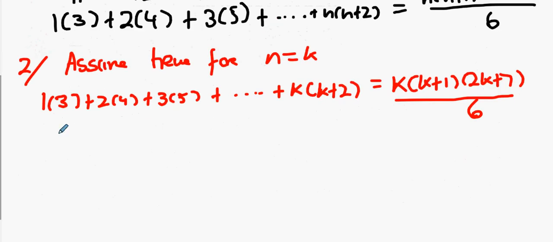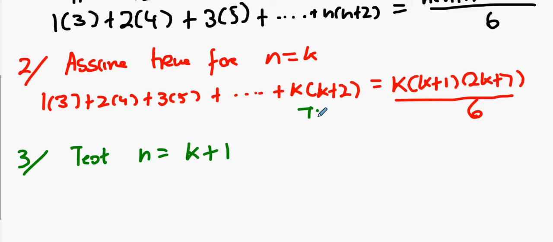Now step 3: test, or prove, for n equals k plus 1. Remember that's tk, and what we're going to be looking for is tk plus 1. This is Sk, and we're going to change that to Sk plus 1. So it's going to be 1 times 3, 2 times 4, 3 times 5, plus dot dot dot.